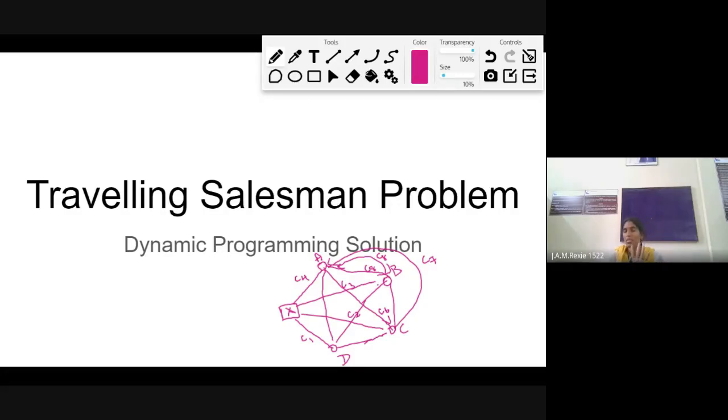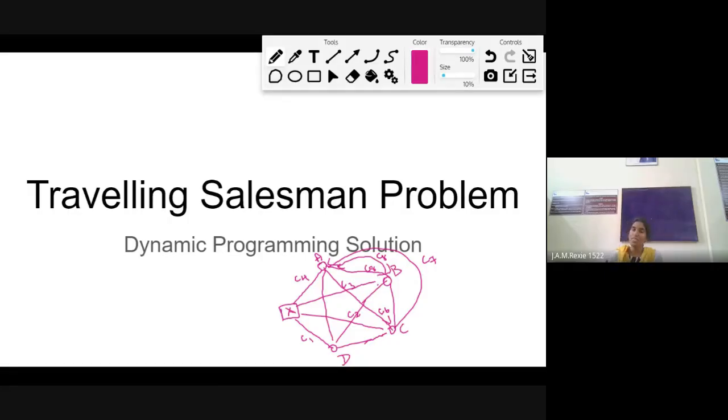So in this graph, what is our need? I need to find a tour. The tour will start from the place X and it has to visit all the other places A, B, C, D once. A has to be visited once, B once, and C and D once.